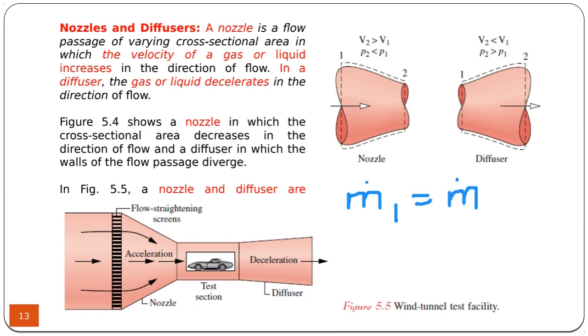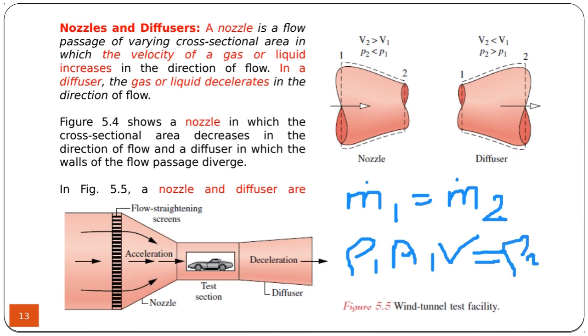So we have rho1, A1, V1, which equals rho2, A2, V2. If it's incompressible, if it's liquid, meaning that the density does not change, we can set the densities to be equal. So this is incompressible.